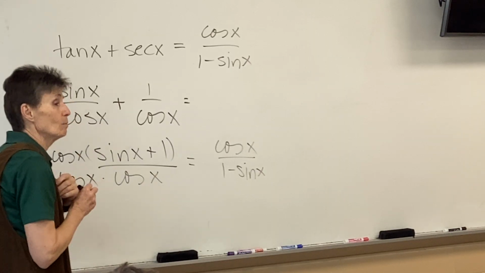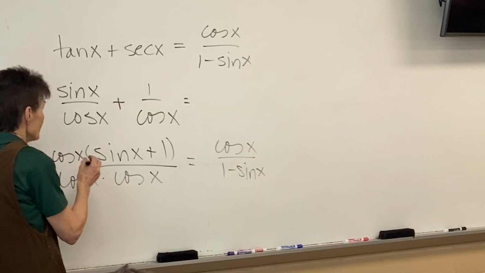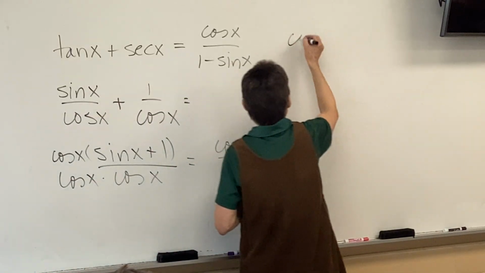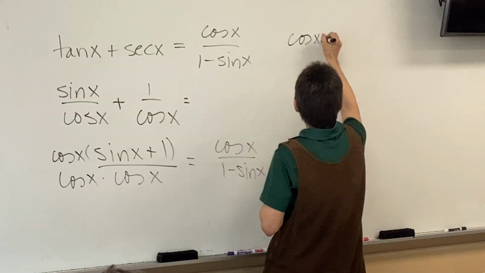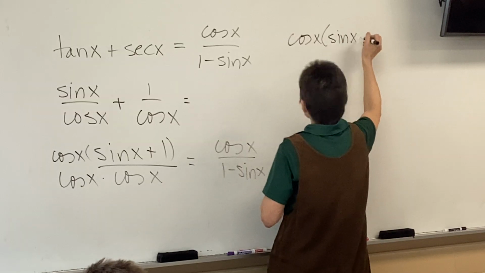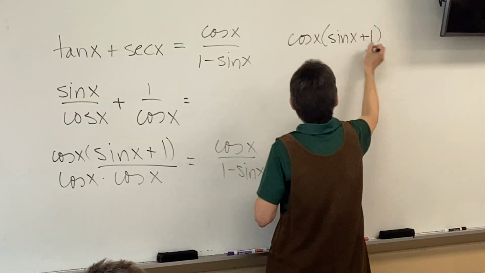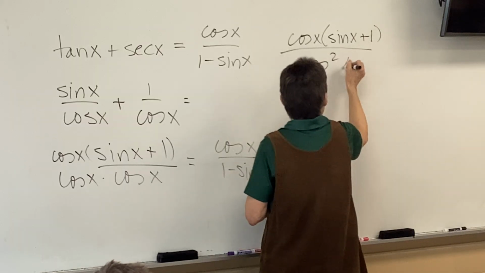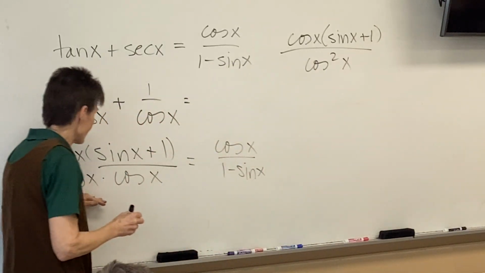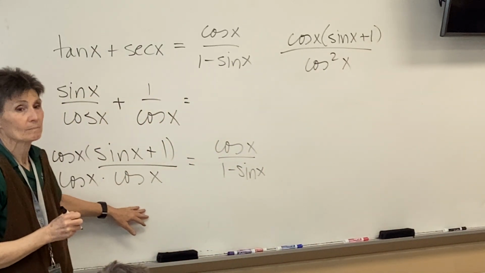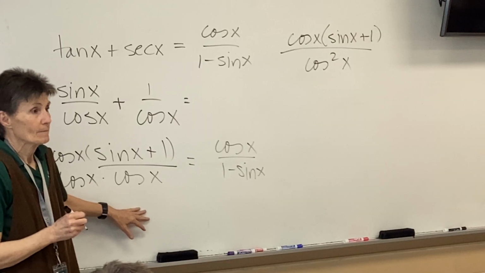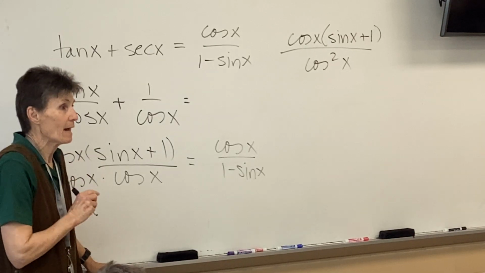Now, what good does that do? Well, look at your denominator now. Again, this is a hard problem, kids. I'm not putting a problem this hard on a test or a quiz. But you ought to be able to do it. What we have in the bottom now is a cosine squared. Why does that make me happy?